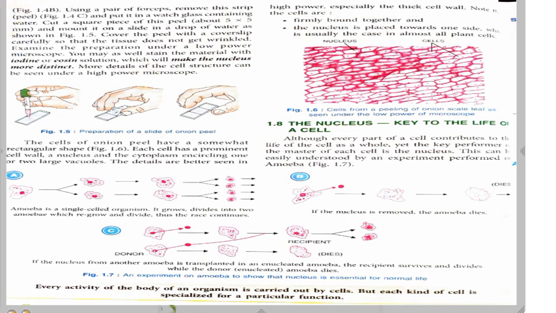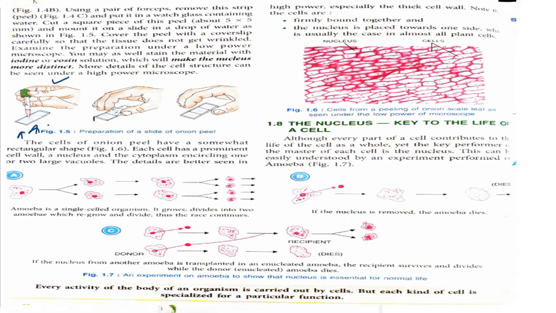The cells of the onion peel have a somewhat rectangular shape. Each cell has a prominent cell wall, a nucleus, and a cytoplasm encircling one or two large vacuoles. These are the one or two large vacuoles, right?